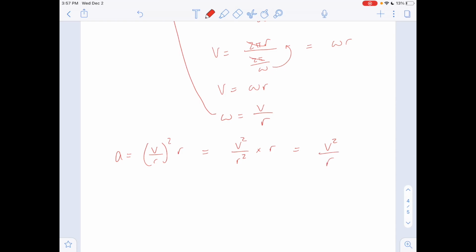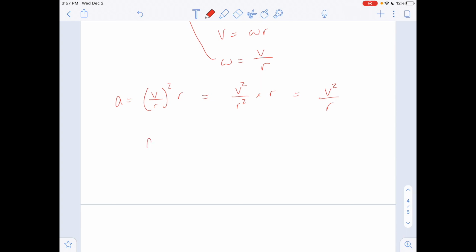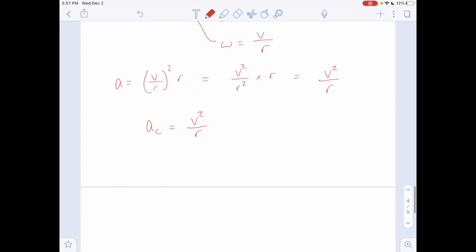So that's how you get centripetal acceleration, is v squared over r. AP will never ask you to do this, but I wanted to show you the derivation so that you know where this comes from. But from now on, let's just remember that centripetal acceleration is v squared over r.